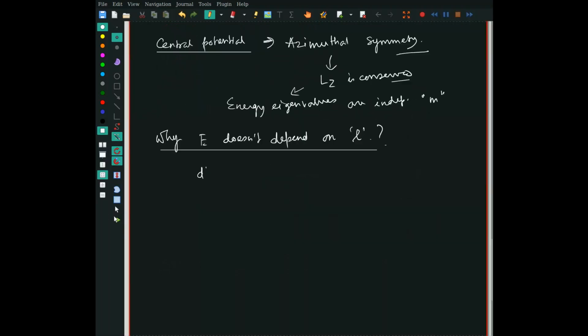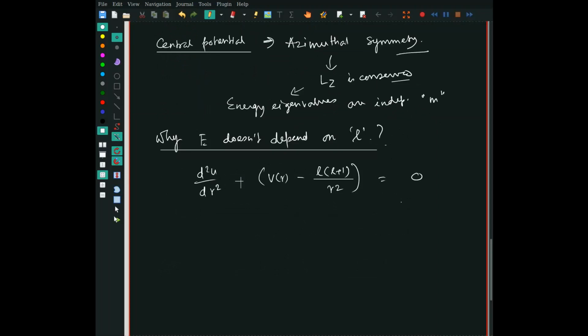The radial Schrodinger equation for a central potential looks like this: d2u/dr2 plus l(l+1) over r squared, missing out the factors of h cross and m, and this type of things equals 0.